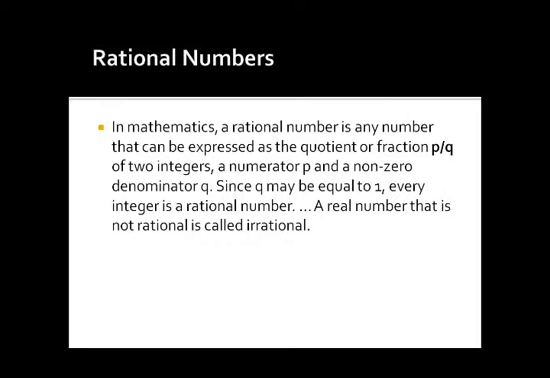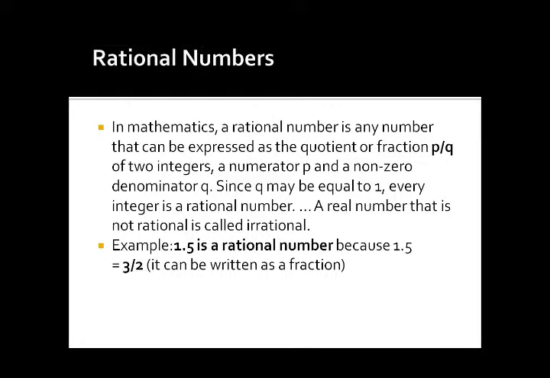Rational numbers are values that represent fractional or decimal parts, but can be represented as exact values in both fractional form and decimal form, while irrational numbers, on the other hand, also represent fractional parts and decimal form, but have no exact value between the fraction form and decimal form. So a real number that is not rational is called irrational.